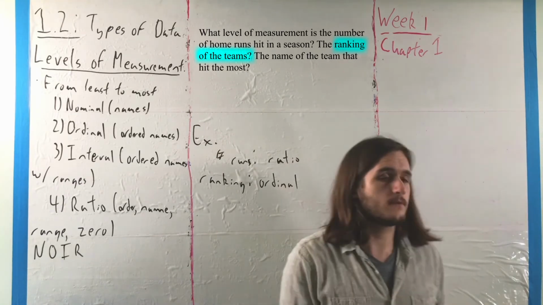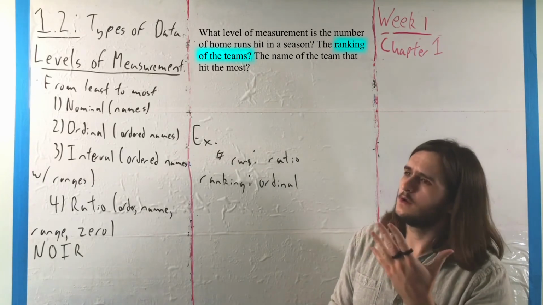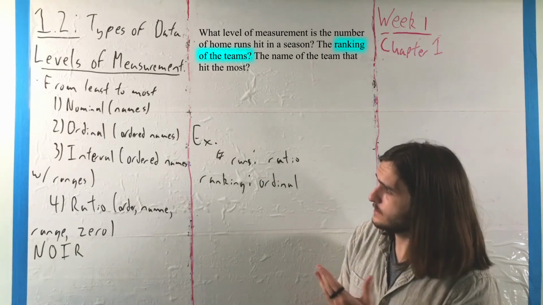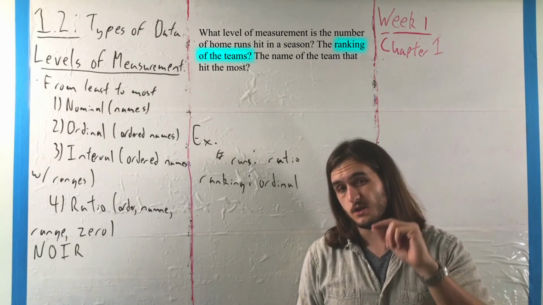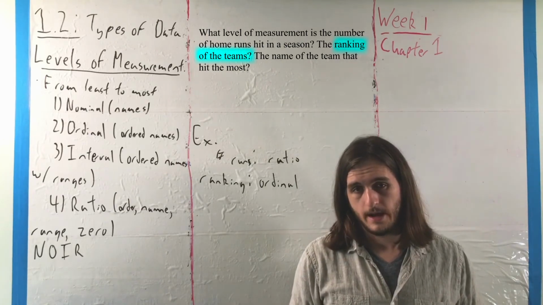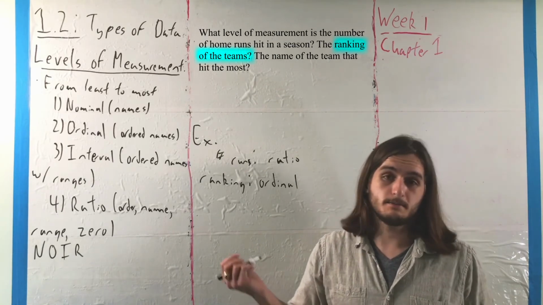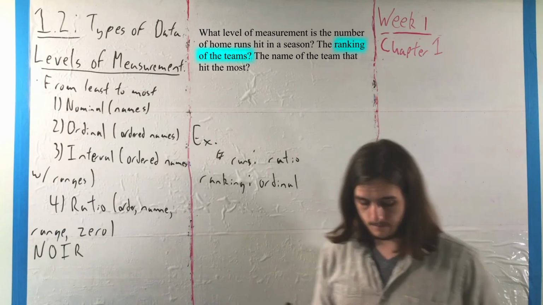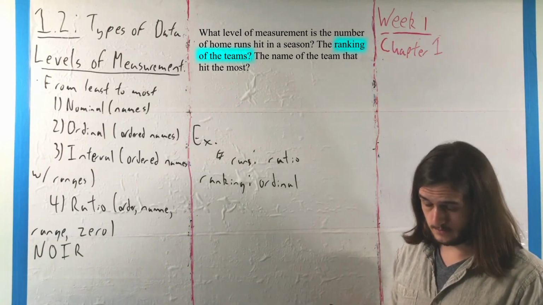There might be a big jump from one to the next, or they might all be very small. It is not clear from the ranking alone how that comparison should be made beyond the fact that one is bigger than the other. So, the ranking is ordinal.